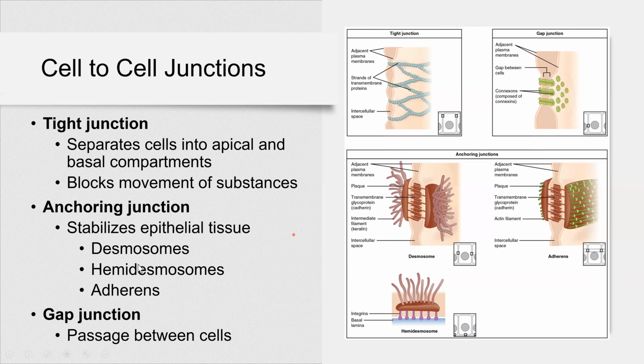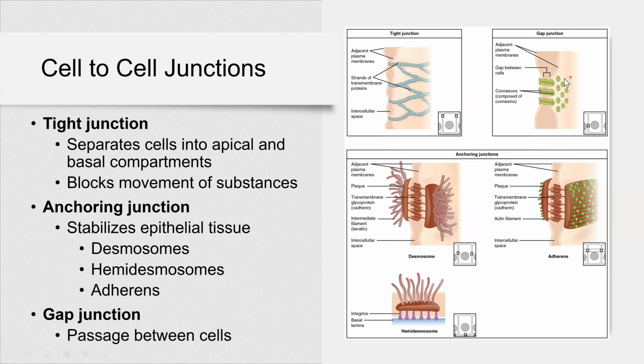Anchoring junctions include desmosome, hemidesmosome, and adherens junctions, so you can see the pictures over here. Those have transmembrane proteins between cells, right? So that will allow you to stretch cells a little bit, give a little bit of give between the cells.